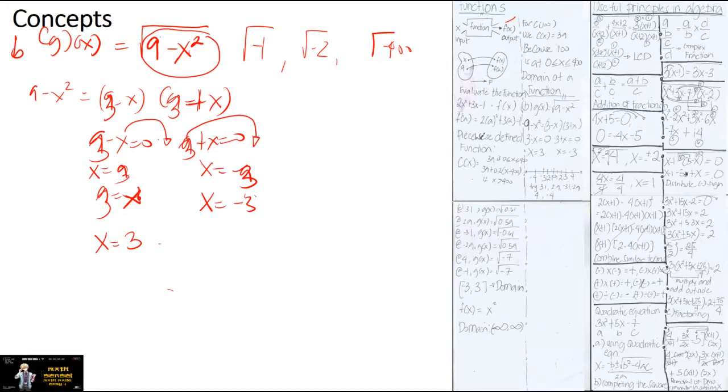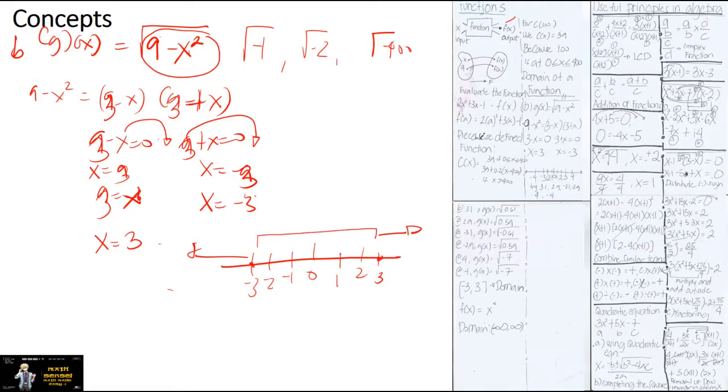Sa number line, negative 1, negative 2, negative 3, kasi ito yung magsisiro. Method ito ng non-linear inequalities ata kung hindi ako nagkakamali. 1, 2, 3. Ito yung nagsisiro. So try natin mula pa ganun, then pa ganun, then yung in between.